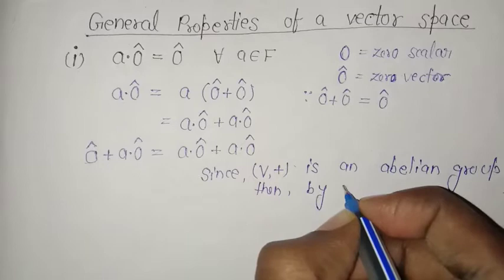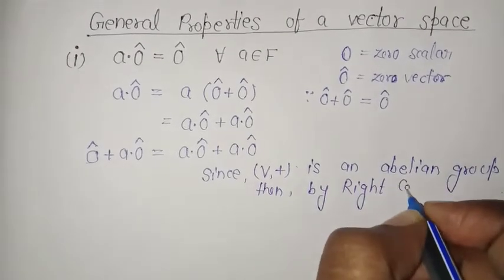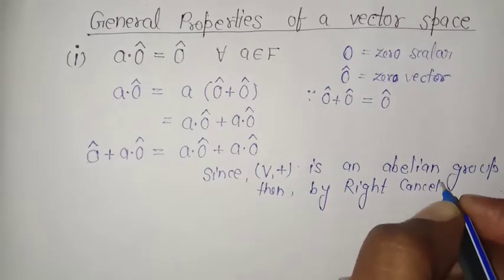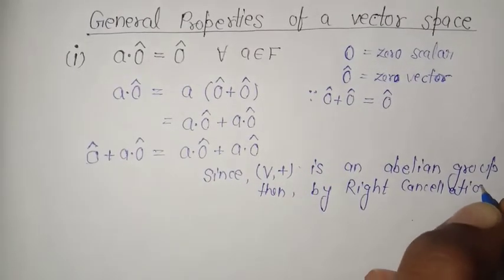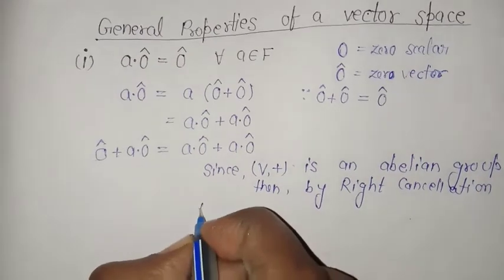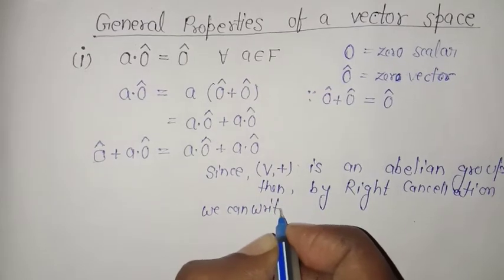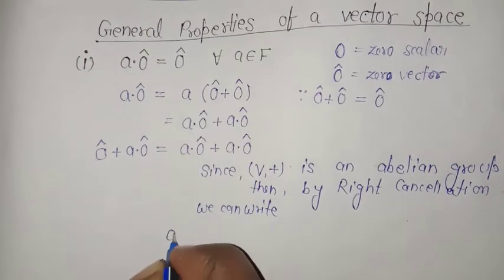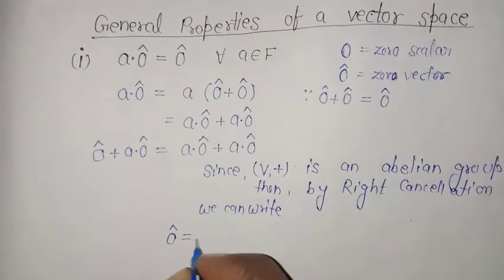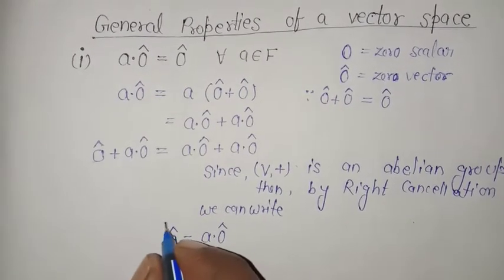Then by the right cancellation law, we can write 0 cap is equal to a dot 0 cap, and this concludes our first property.